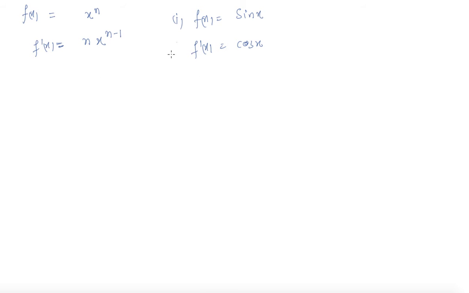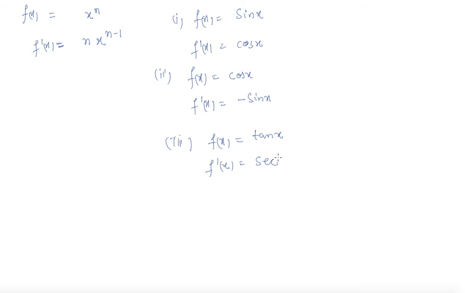These are examples, students, and you need to remember them by heart. If f x is cos x, the derivative of cos x is minus sin x. The third is tan x, whose derivative is secant square x. These are some important derivatives.